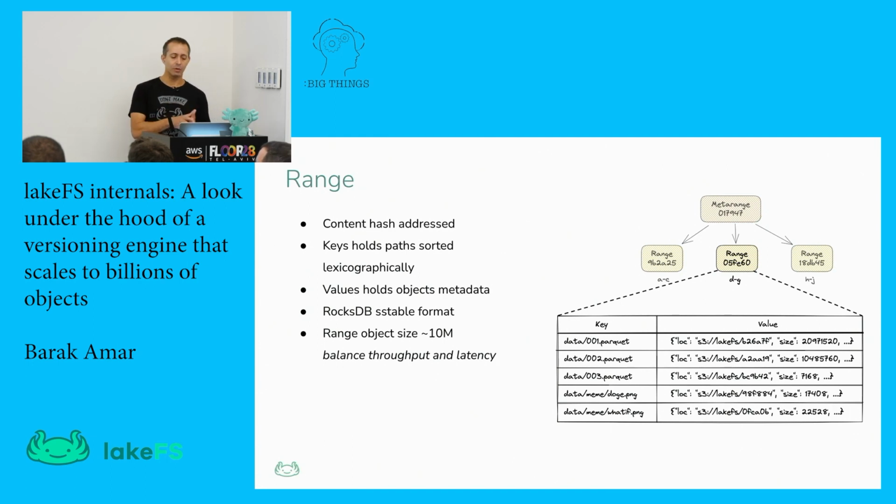We found out that for us, 10 megabytes of range size is an optimal size that we would like to manage as a single range. That enables us to incorporate changes easily, because when a change occurs in your lake, only specific ranges will be updated.